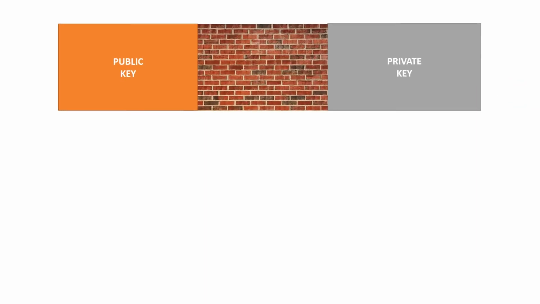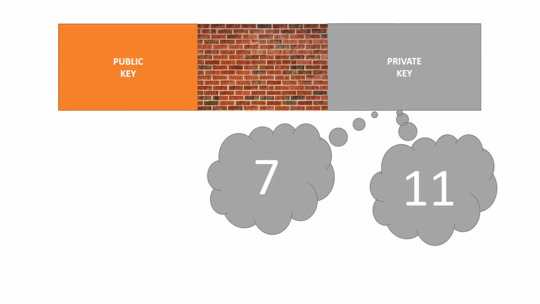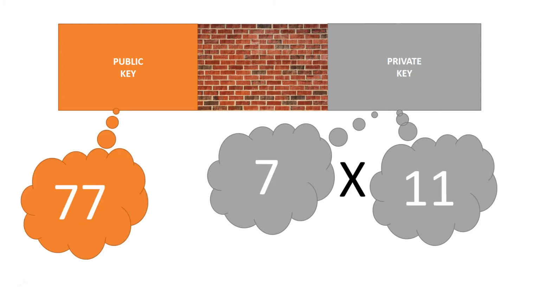So the private key is basically just 2 prime numbers, and you multiply them together, and that becomes a public key. And the reason this works so well is if you pick really big numbers, then it's very easy to multiply them, but very difficult to divide.